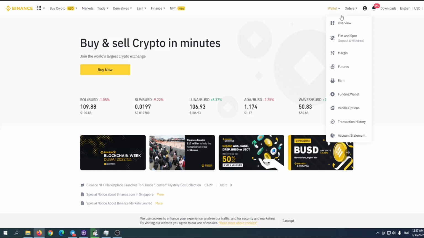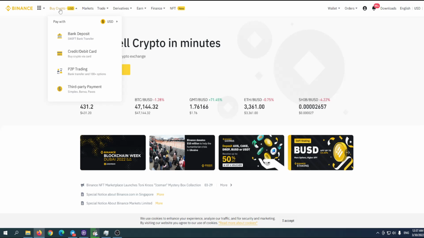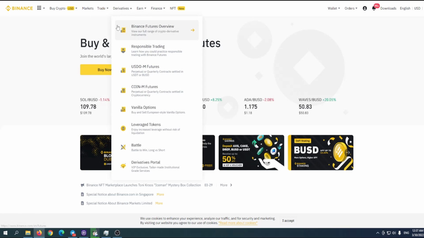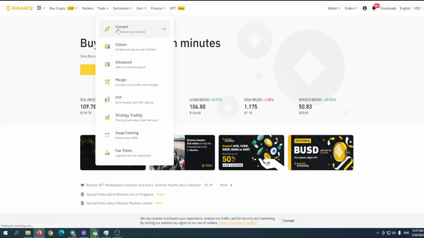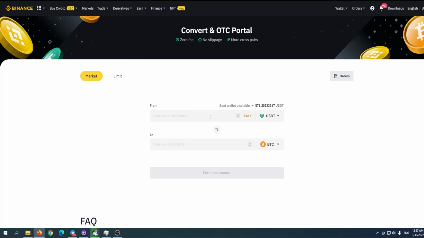So right now, there are a couple of ways to buy. One is to buy directly using your fiat. The second one is to go to convert. It's something that I do not recommend, because if you do it via convert, you'll get a little bit lower rate than you can get on market trading. So this is just an example.